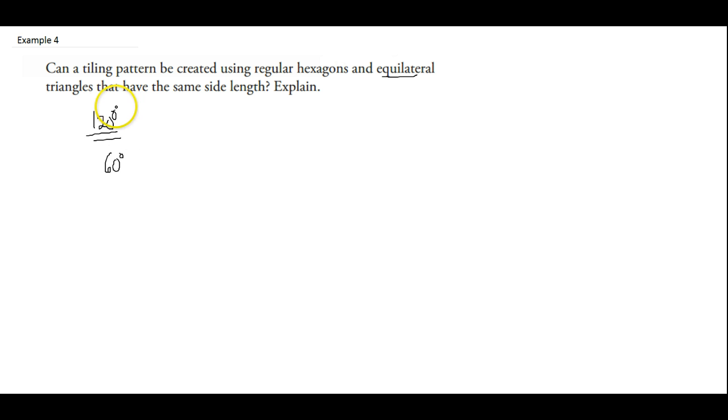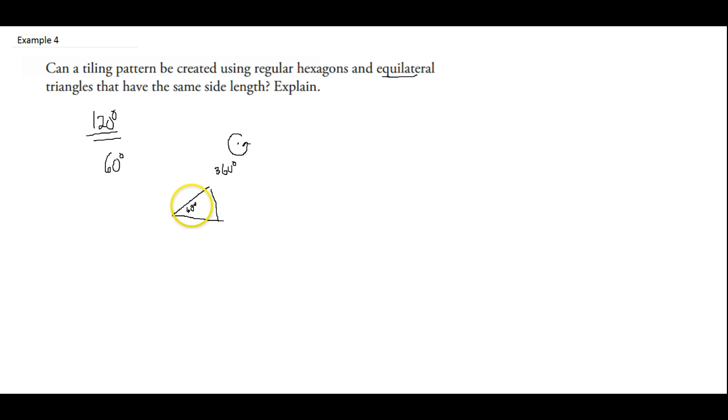Is there a way that we can combine these to form a corner that's going to have 360 degrees around it? So we put in a corner, and let's put in an equilateral triangle. So that's going to be 60, and we want it to be 360 degrees.